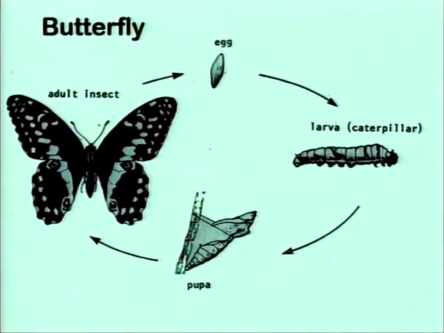First of all, we will look at the butterfly. Animals are classified as insects, amphibians, reptiles, mammals, fish, and birds. So I will look at one animal in each of those categories. In insects, let's have a look at the butterfly.